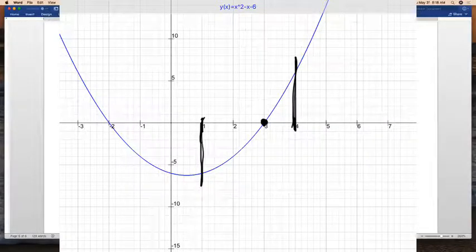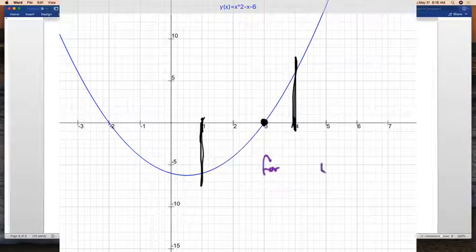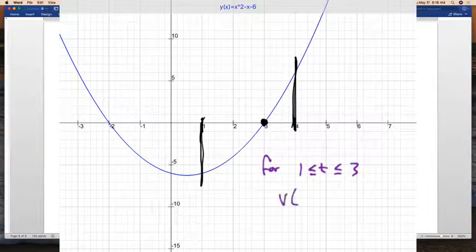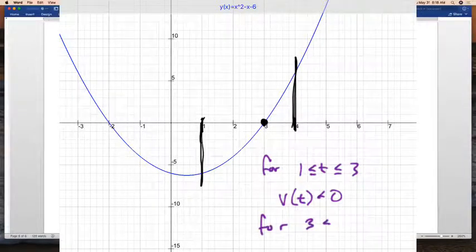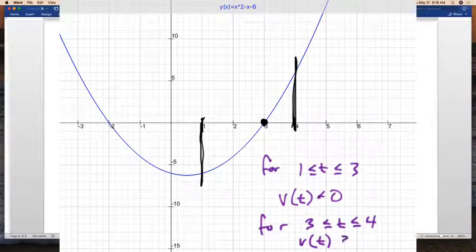For the interval from 1 to 3, v of t is negative. So we're heading in the negative direction, which means if we want to get the distance that we traveled, we've got to cancel that negative out, essentially. And then for the interval from 3 to 4, the velocity is positive.